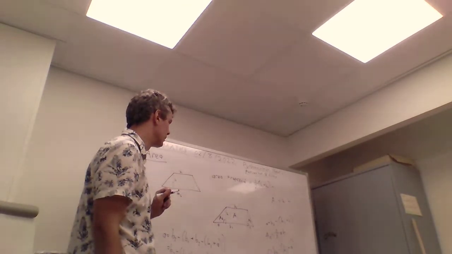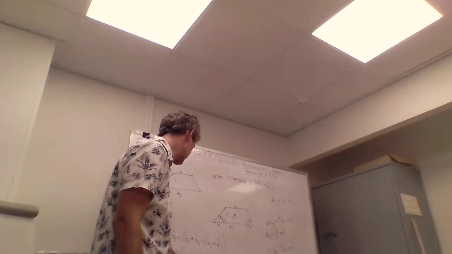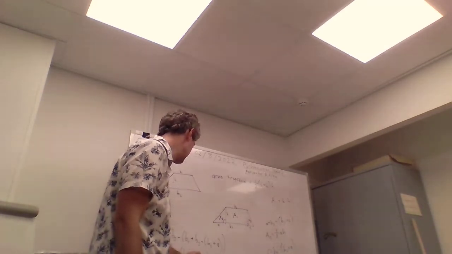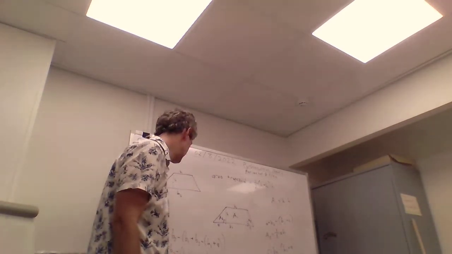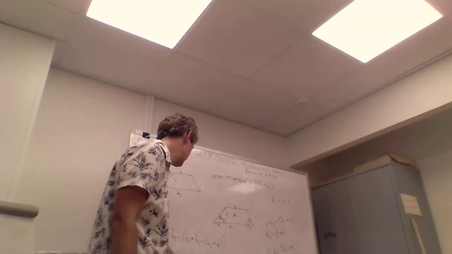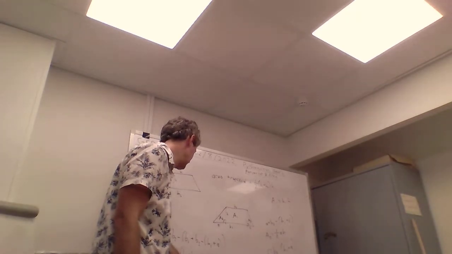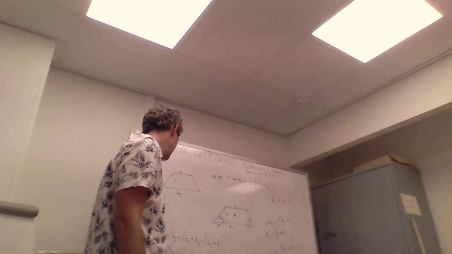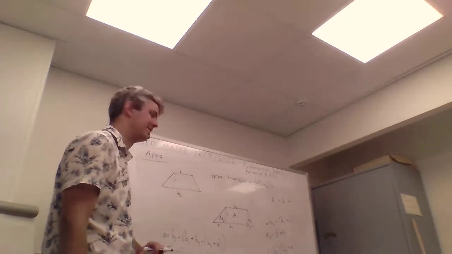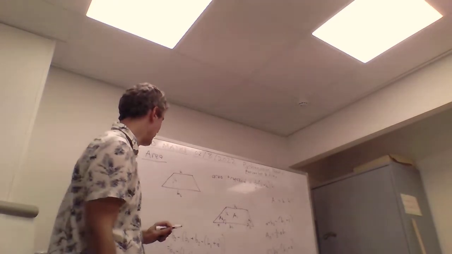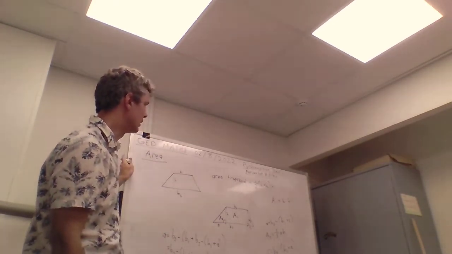Let's see. Yeah, this isn't quite working. Right, so I'm just going to get minus B1 plus B1. Yeah. Plus A. These are all going to cancel. I'm going to get A equals A. That doesn't help me. Does it? Let's see here.